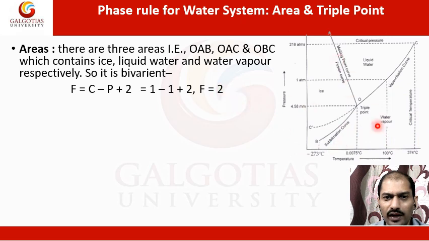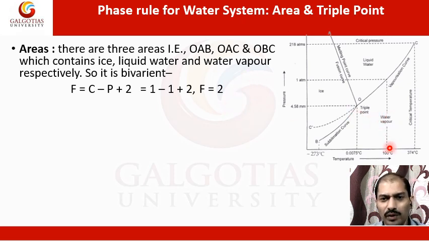But if you are taking the two different phases where the transition is taking place, the solid-liquid phase you can say, then there will be two phases, and in that case this value will come as 1.